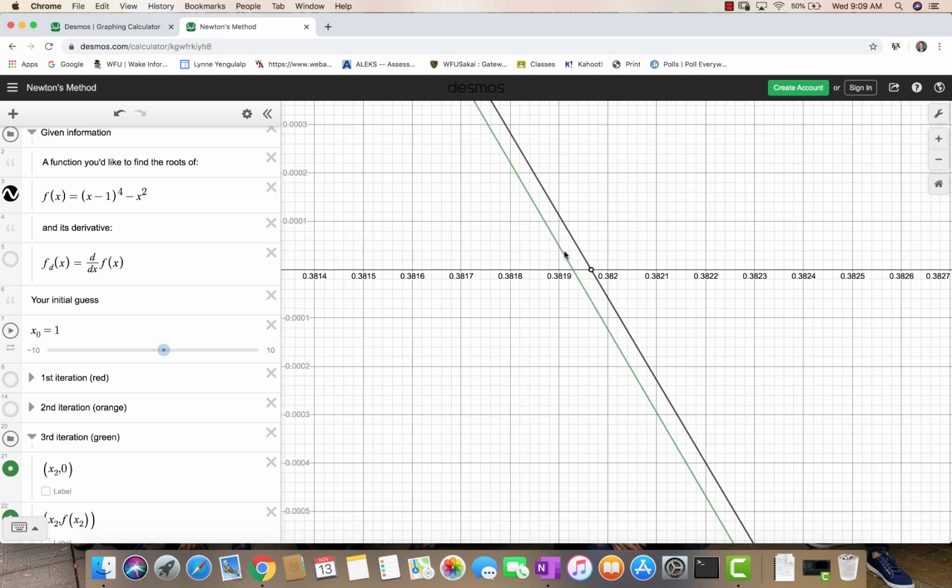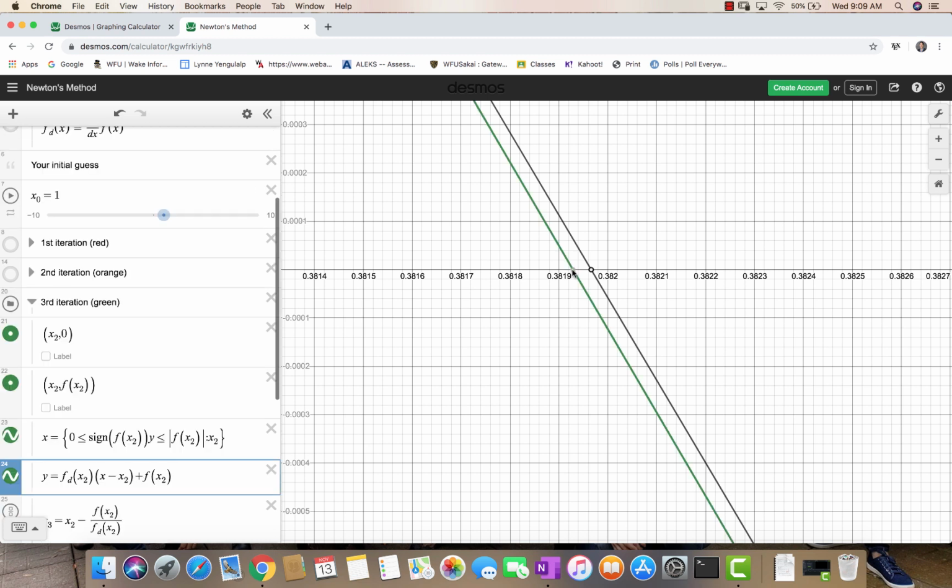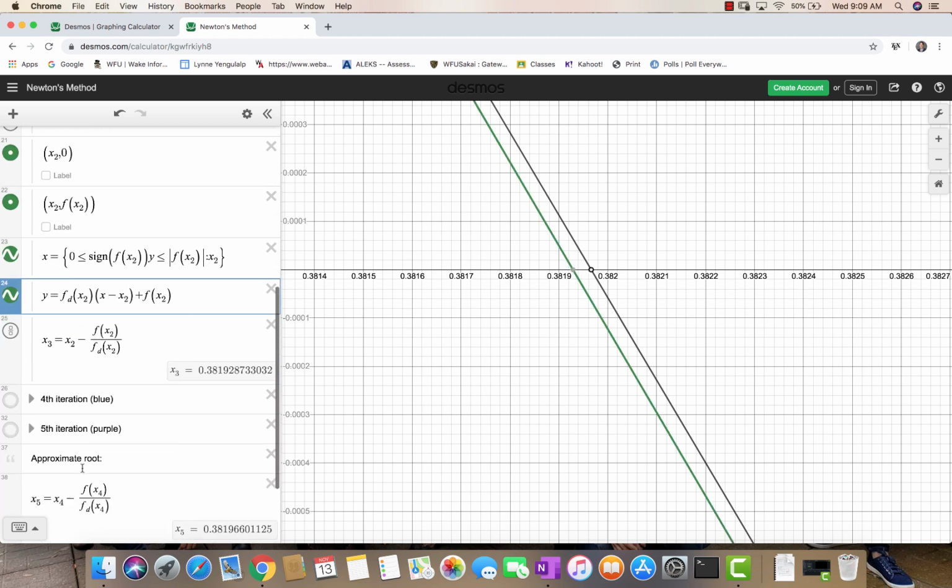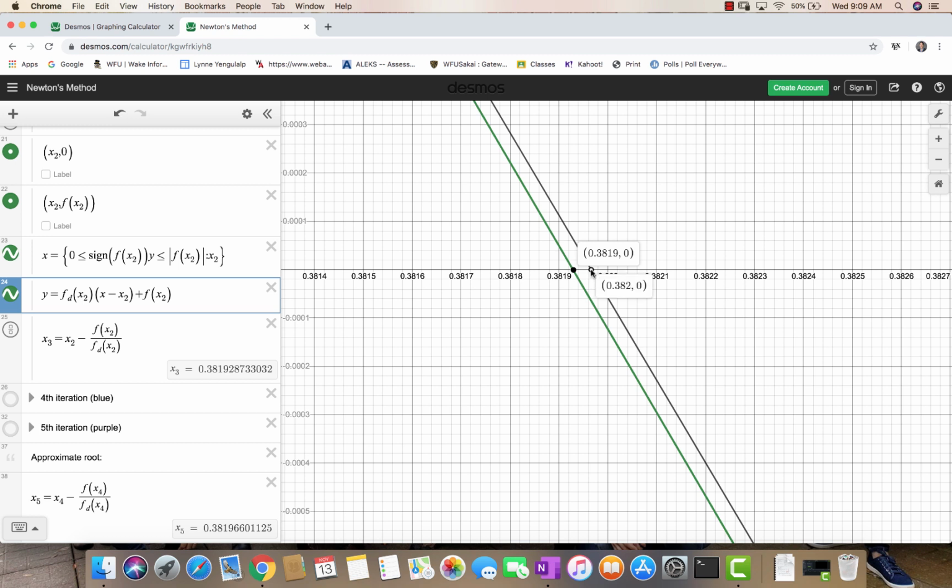Here's the tangent line, here's the root. The tangent line is giving me 0.381928 whatever as an approximation to the actual root, which is sitting right here. So just after 3 iterations, we're getting the root good to 2 decimal places.